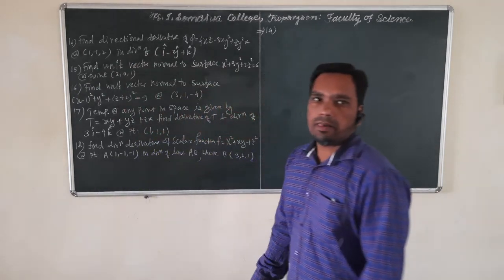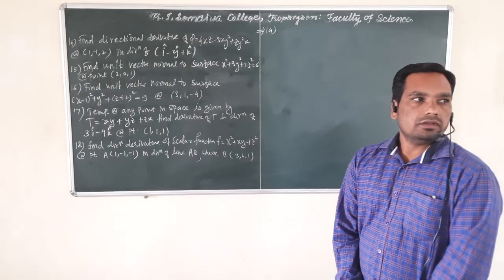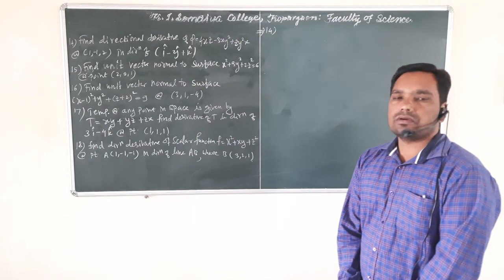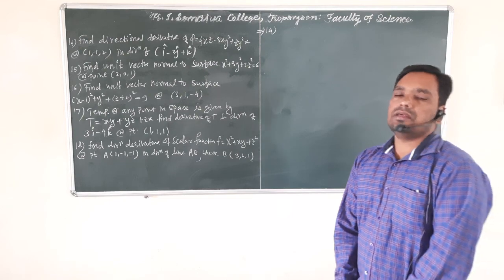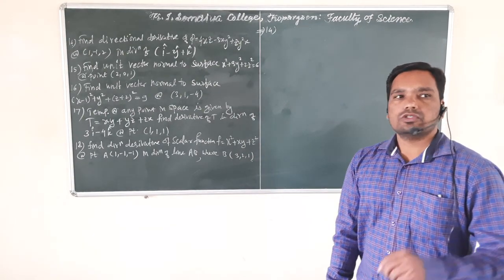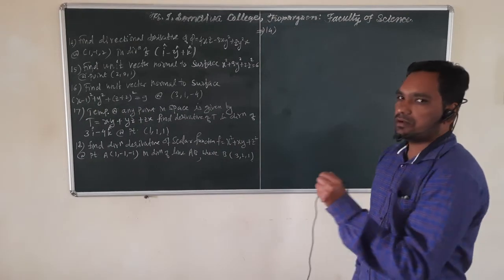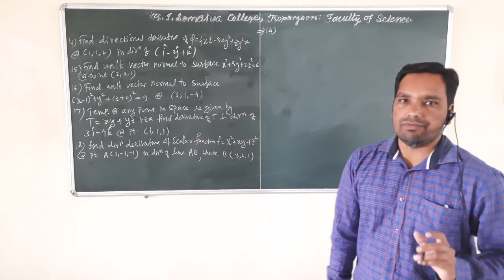First of all, we have seen the definition of directional derivative: if we find the gradient of phi and take the dot product of that gradient at that point with the unit vector in the given direction, that gives the directional derivative.